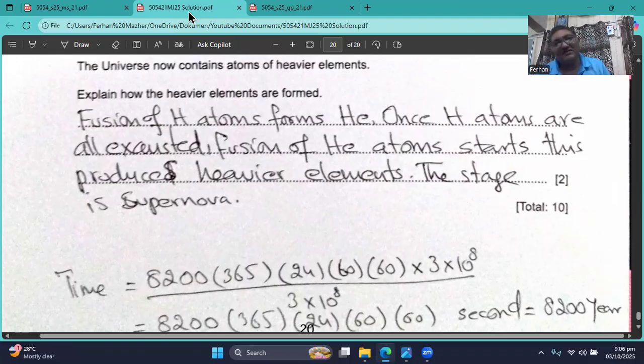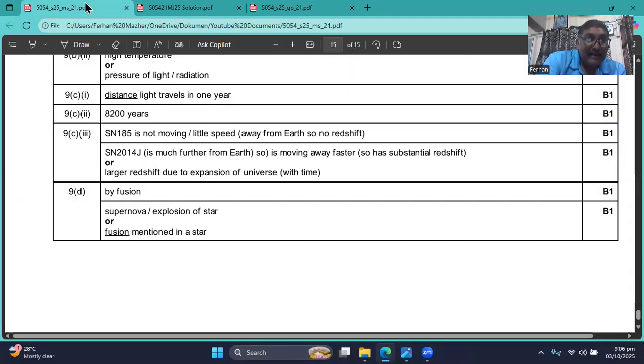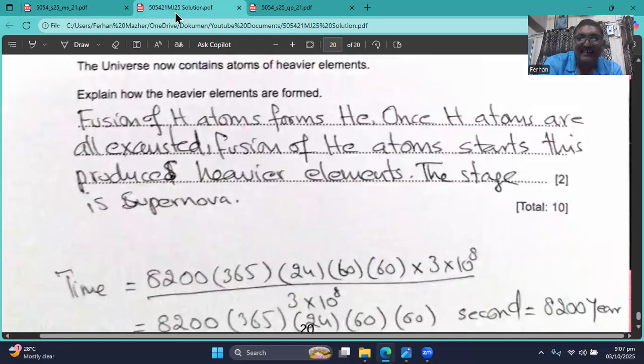Then the fusion of iron with iron does not happen. So then the supernova takes place. Supernova is an explosion, and the star spreads out its heavier elements into space. So by fusion and the supernova explosion of stars, heavier elements are formed. I hope you understand this.